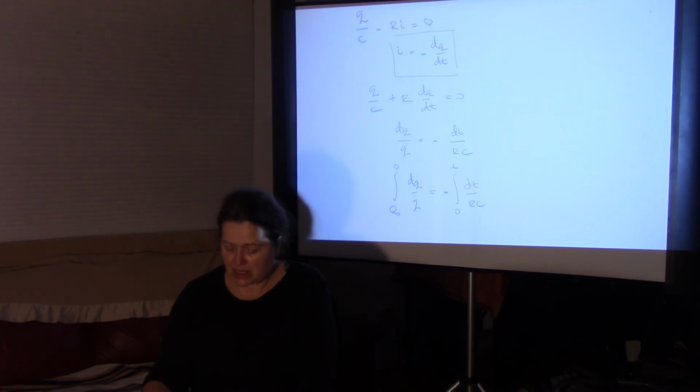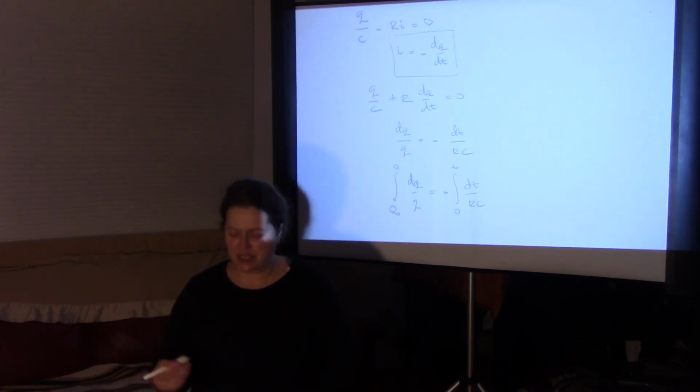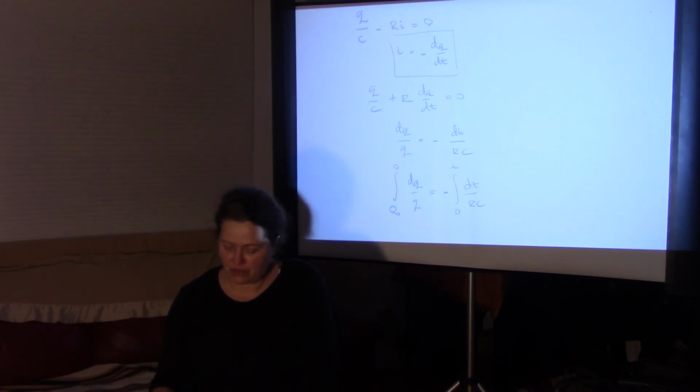But at time t, we don't know exactly if Q is 0, so we better take our limit at t. At a later time in the circuit, let's just say we have a certain amount of charge, lowercase q, here.